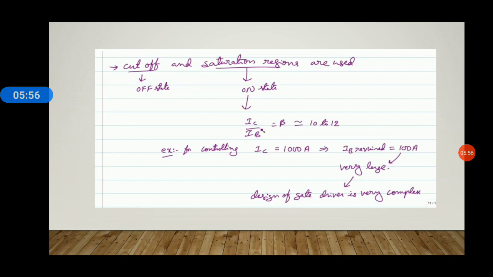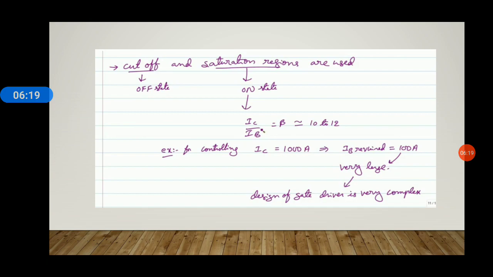and it is used in common emitter configuration, in which a control signal has to be given to the base to control the collector current, because here the emitter is common and we give the control signal to the base in order to control the collector current.